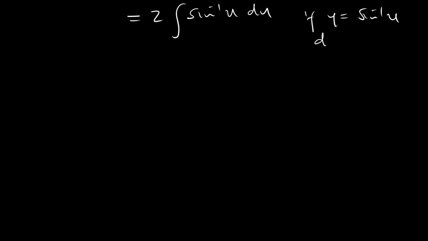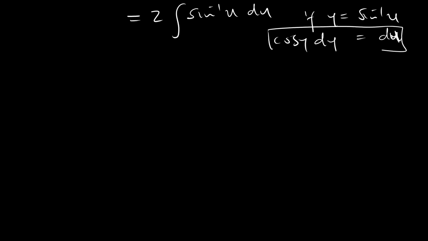So since we came to a point where our problem was twice the integral of arc sine of u, and we had seen that if y equals arc sine of u, then cosine y times dy would be equal to du.